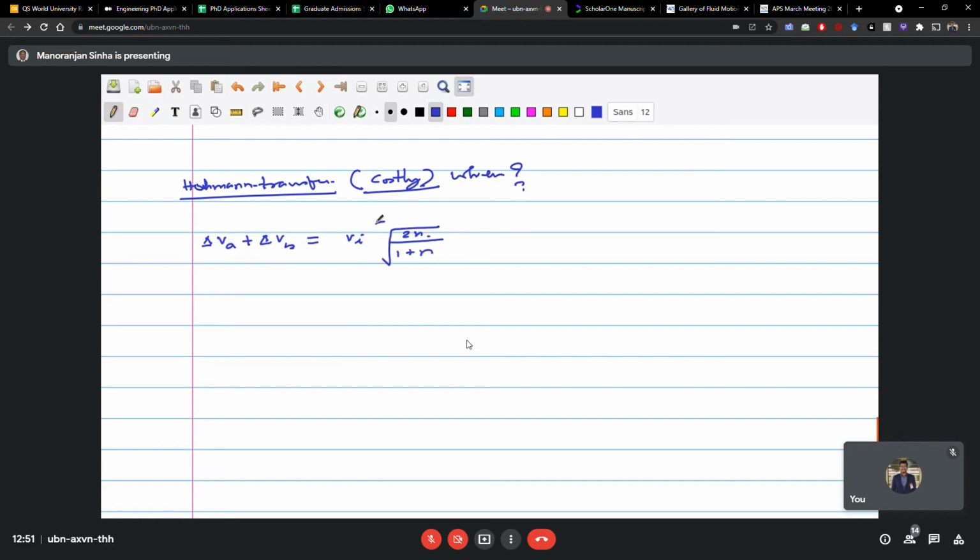This we have derived in the previous class, and this was Vi divided by root n. Okay, so this is your delta V, delta V by Vi.